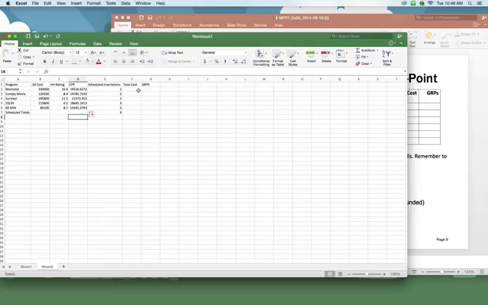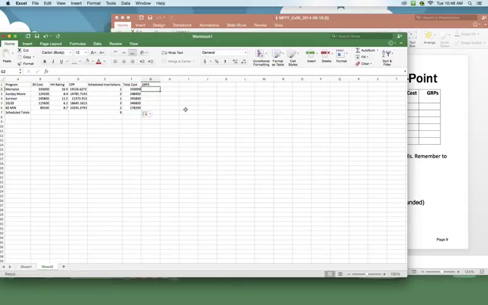We also know our cost, which is just going to be cost times insertions, drag down.